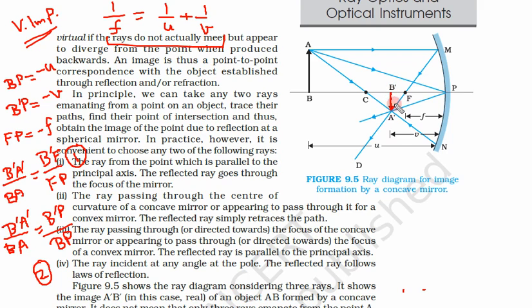Ultimately we have to do it in 3 steps, and we have to make a form of B'A' upon BA. This form we have to make, and then we put these two equations equal and put the value of this B'F in terms of B'P and FP. These are the 3 simple steps which will give us our mirror equation.